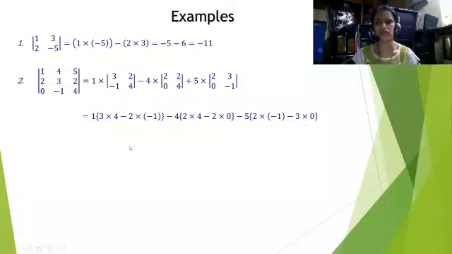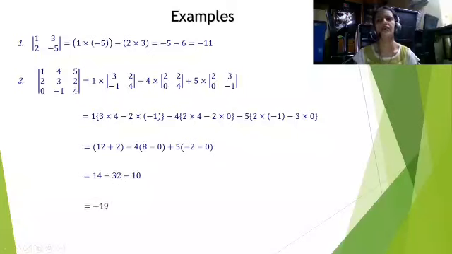So that is equal to 12 plus 2, minus 4 into 8 minus 0, plus 5 into minus 2 minus 0, which is 14 minus 32 minus 10.